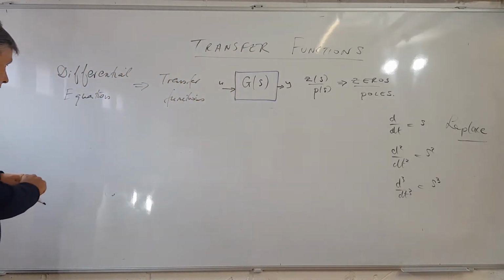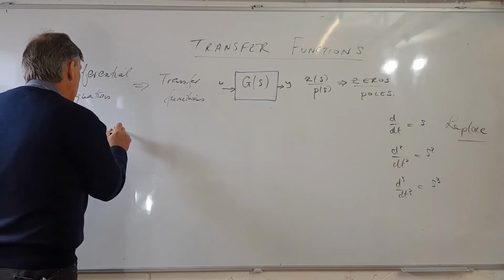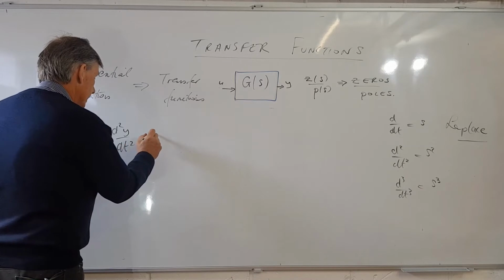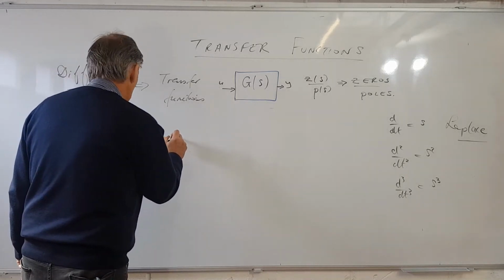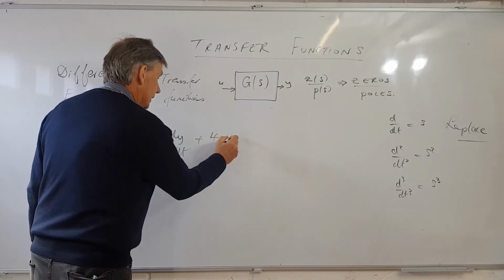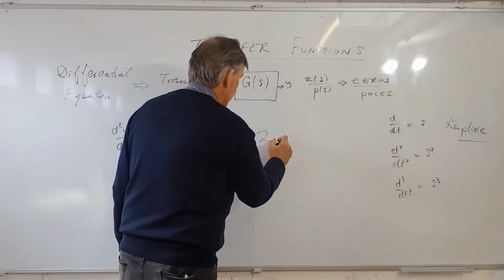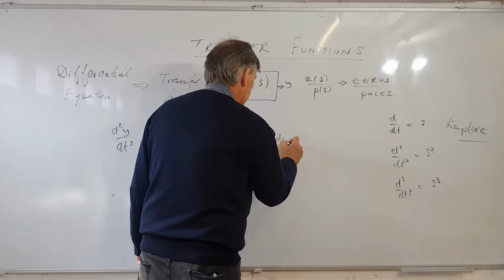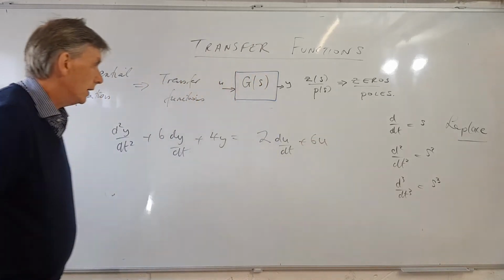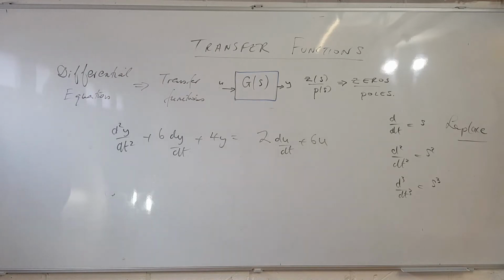Say we've got a differential equation d2y by dt squared plus 6 dy by dt plus 4y equals 2 du by dt plus 6u. So have a little go now at converting that into a transfer function between y and u.